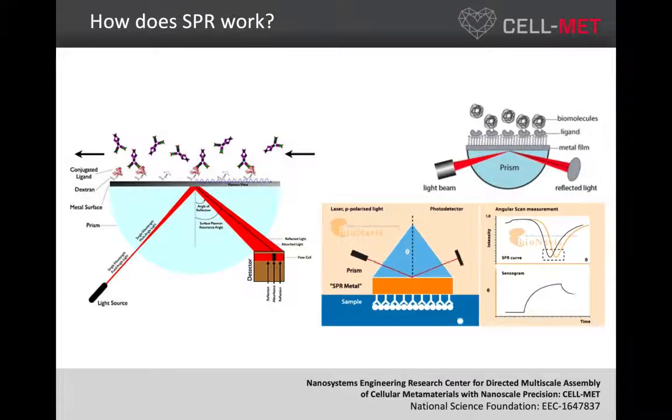And that evanescent wave within its sensitive range, which is less than 200 nanometers, is highly sensitive to small changes in the mass, such as an antibody-antigen interaction, and that results in a change in refractive index unit, which is read then by the SPR, as you can see in the GIF on the bottom right.